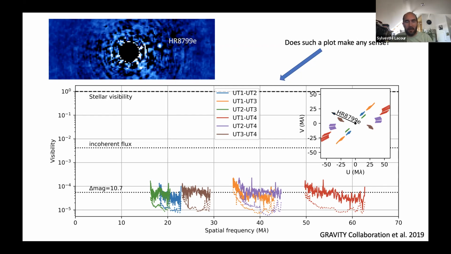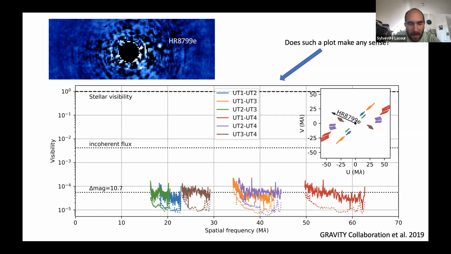And then came the question about how to show the data, how to present the data. I've been doing optical interferometry for almost 20 years. And usually you plot the visibility curve, like for the Bessel function or the uniform disk visibility function. So the question was, what would you do for an exoplanet?